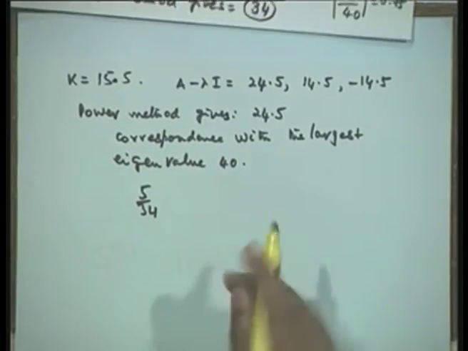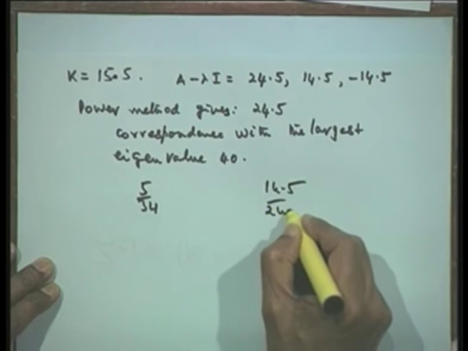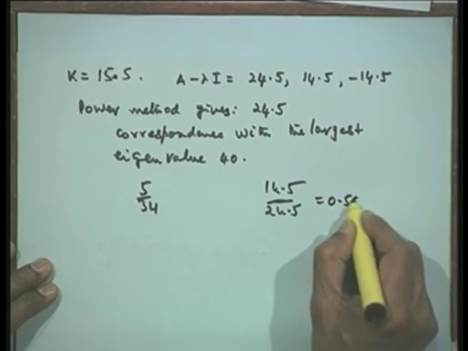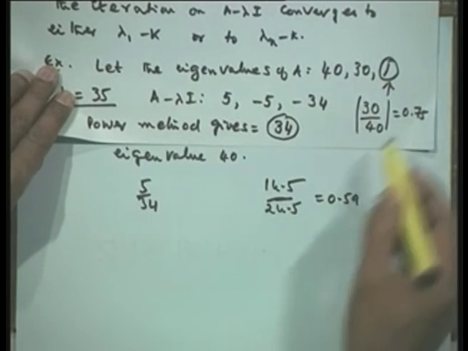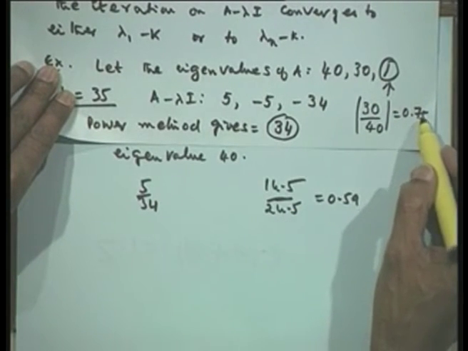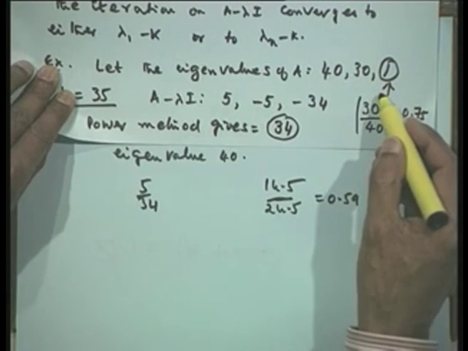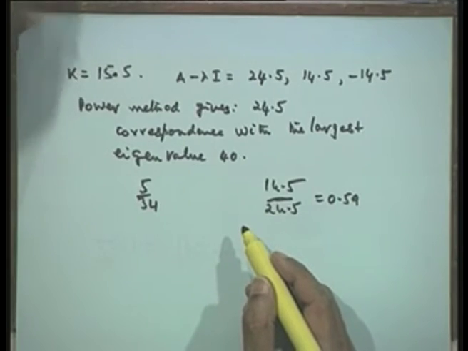And if you now look at this third case, this is 14.5 by 24.5, which is approximately equal to 0.59. Now, we can see that the ratio of lambda 2 by lambda 1 in this case is 0.59, which is much smaller than 0.75. Therefore, for this value of k, the convergence is faster.